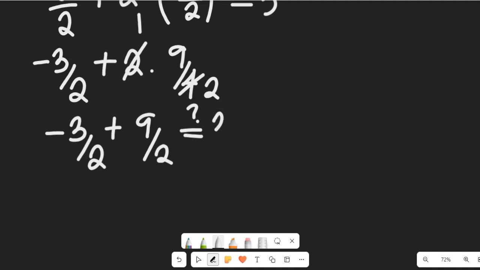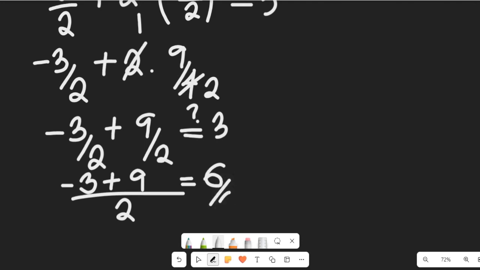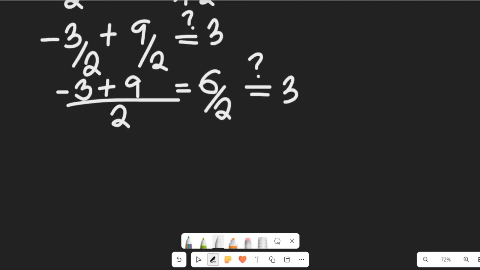Now will this be equal to 3? Let's check. Having a common denominator of 2, 2 divided by 2 is 1 times negative 3 is negative 3, plus 2 divided by 2 is 1 times 9 is 9. So we're going to have negative 3 plus 9 is equal to 6 divided by 2. And will this be equal to 3? 6 divided by 2 is 3. So 3 is equal to 3.